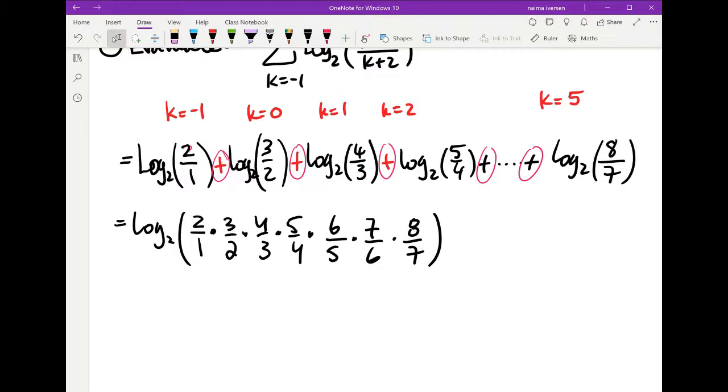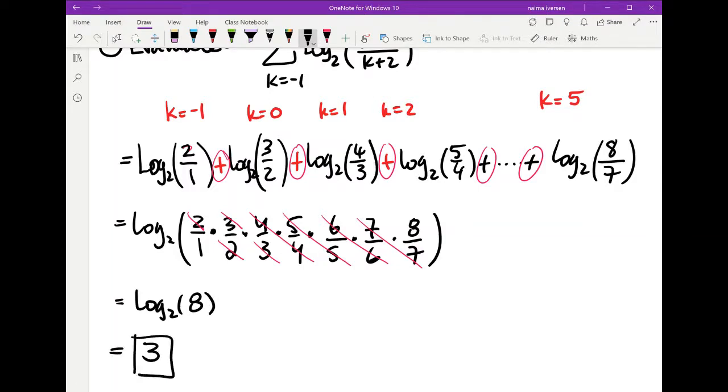I mean, you could if you really want to, but notice that these cancel. The 2 cancels with the 2, the 3 cancels with the 3, the 4s cancel, the 5 cancels, the 6 cancels, the 7 cancels. And what this turns out to be is log base 2 of 8 over 1, which is 8. And as we hopefully remember, log base 2 of 8 is 3.